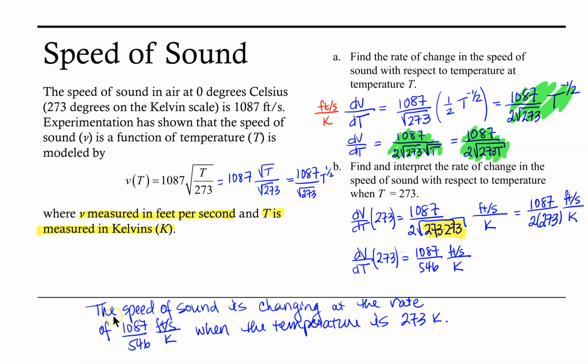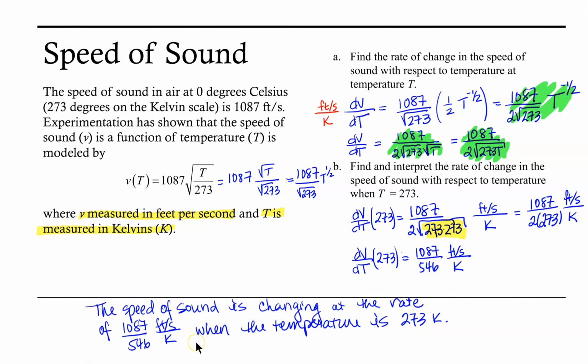And so what we know is that the speed of sound is changing at a rate of 1087 over 546 feet per second per degree Kelvin when the temperature is 273 degrees Kelvin.